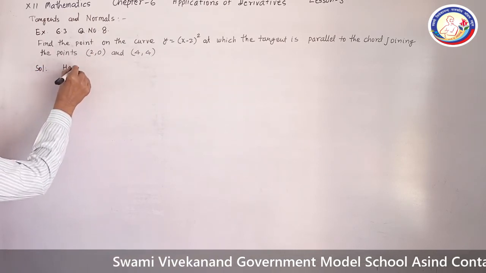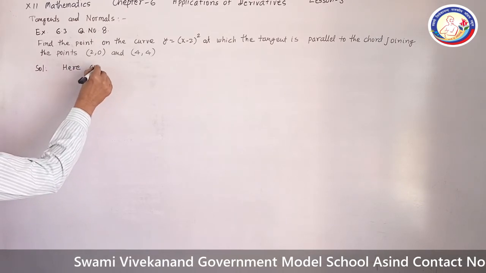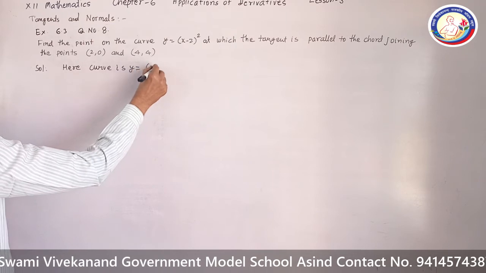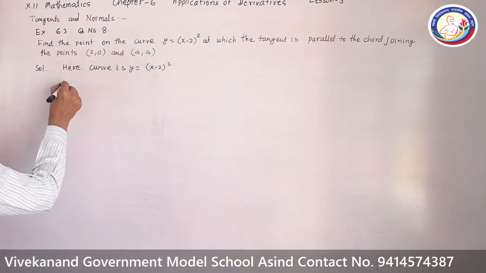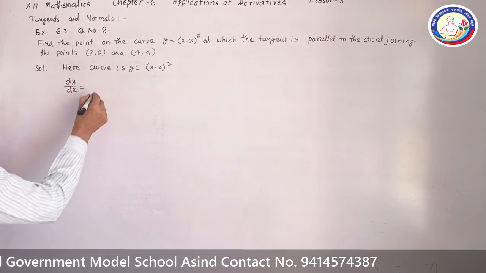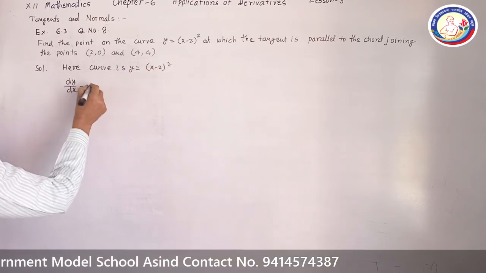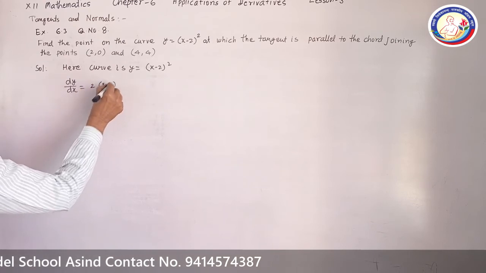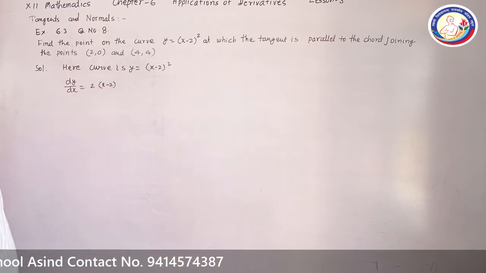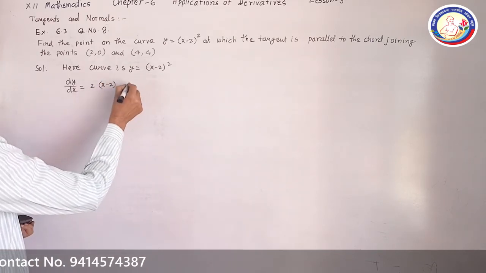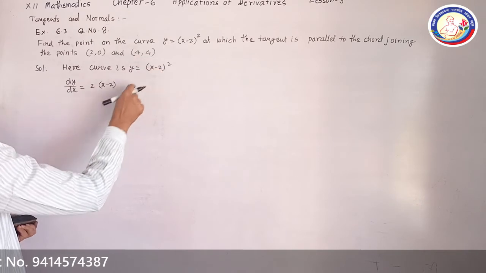Here the curve is y equal to x minus 2 whole square. So the derivative of y with respect to x will be 2 into x minus 2 raised to power 1, using the formula for x raised to power n, and then the derivative of this also.